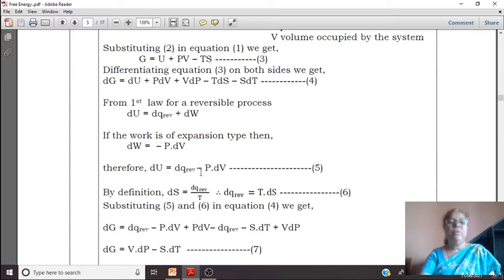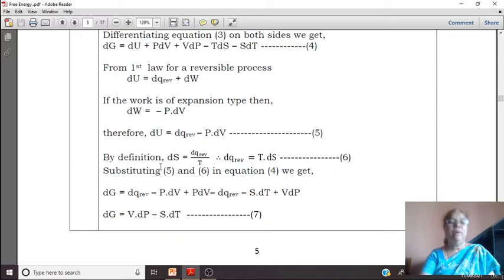Therefore dU is equal to dq reversible minus PdV. We have replaced dw, the work of expansion, by minus PdV. Therefore, we have dU equal to dqr minus PdV, and let it be our expression number 5.